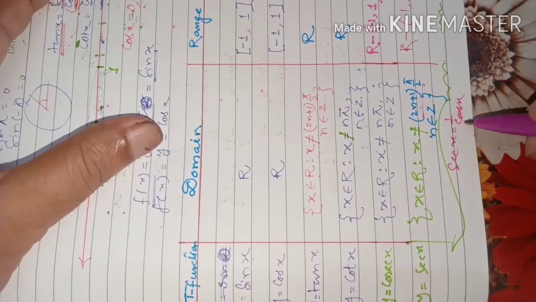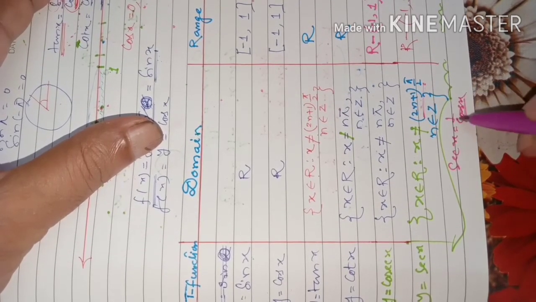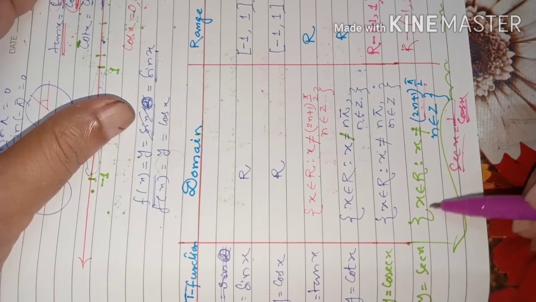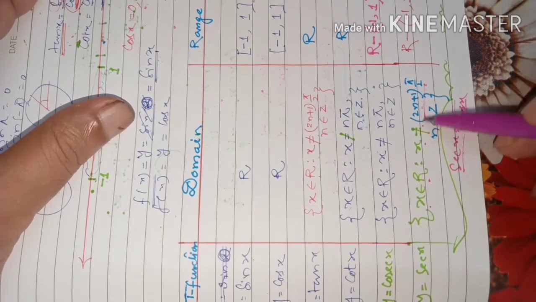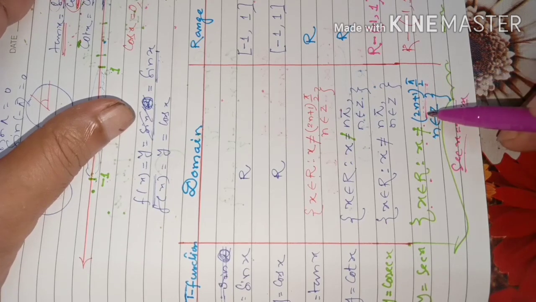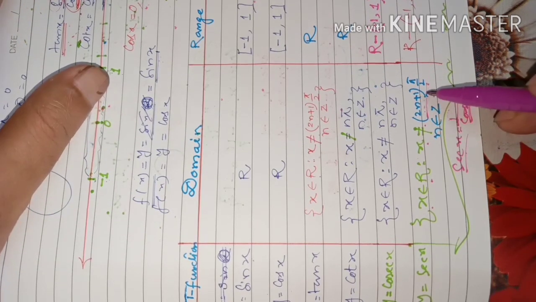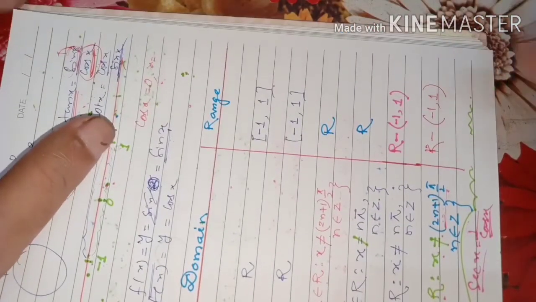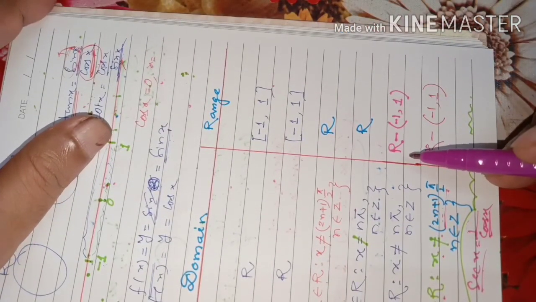So wherever cos x becomes 0, it will not be defined. That's why we have to say the domain is real numbers except x equal to (2n+1) times pi/2. Means for odd multiples of pi/2, sec is not defined. So this is the domain. Then the range will be similar to the range of cosec function.